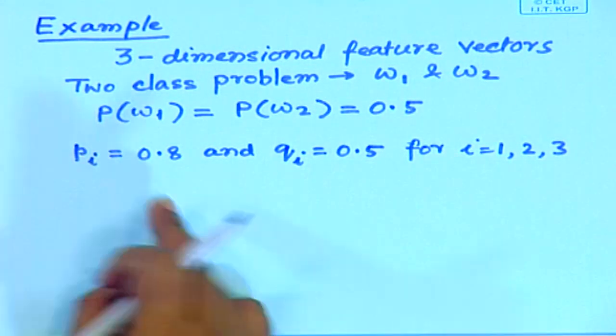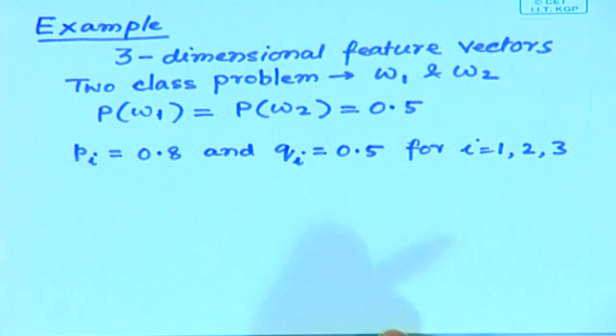So it says that every component of the feature vector has a probability of 0.8 of being equal to 1 if the feature vector is taken from class omega 1, and every component has a probability of 0.5 of being equal to 1 if the feature vector is taken from class omega 2, right.